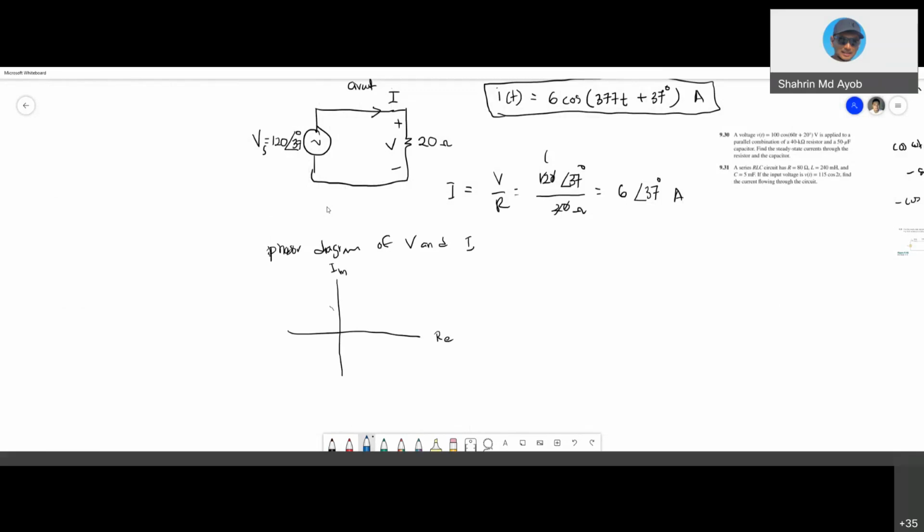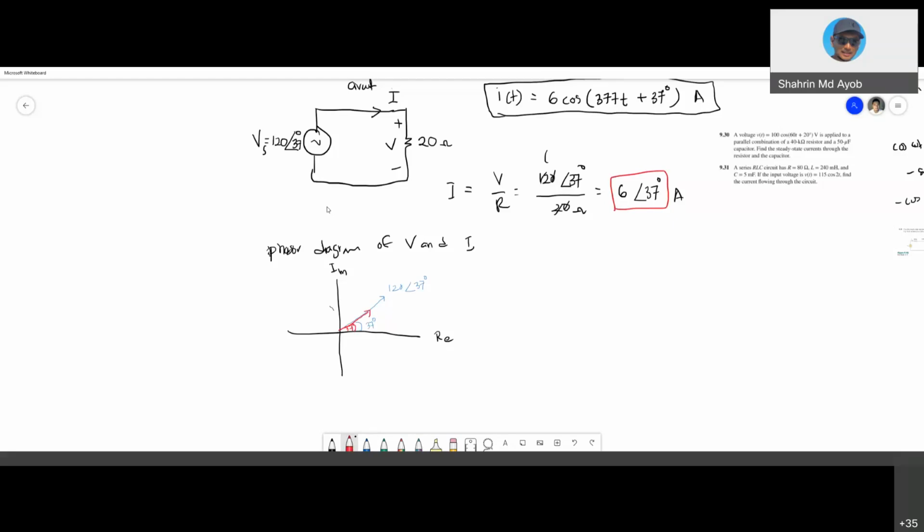Your voltage here is Vs, 120 with an angle of 37 degrees. And your current is this one. Since this is a resistor load, the voltage and current are in phase. So your current is also with an angle of 37 degrees.